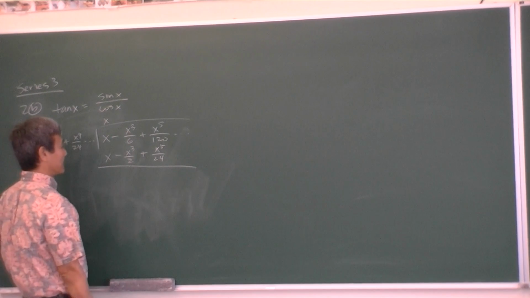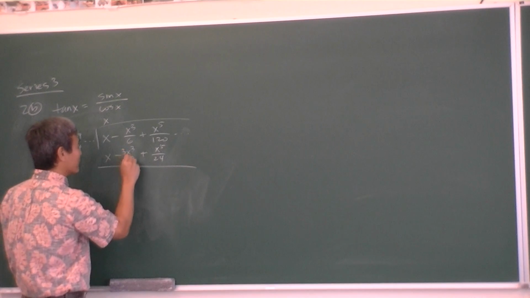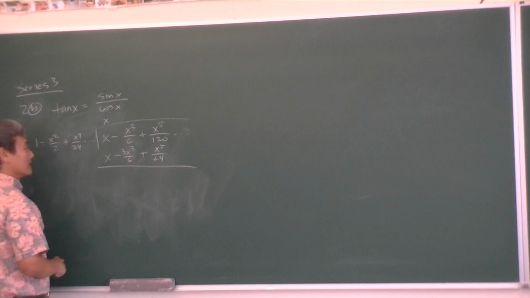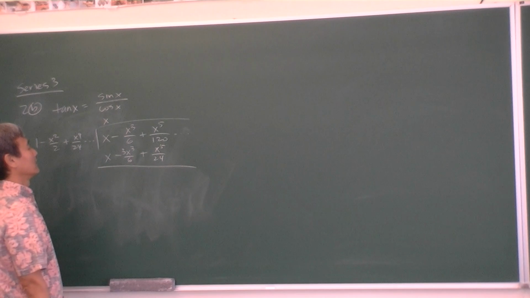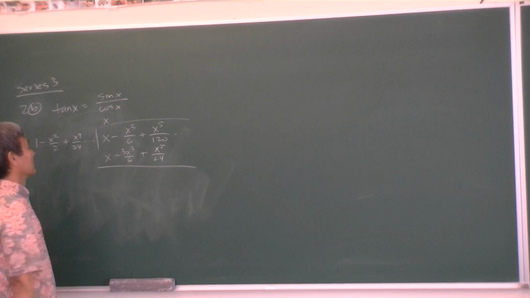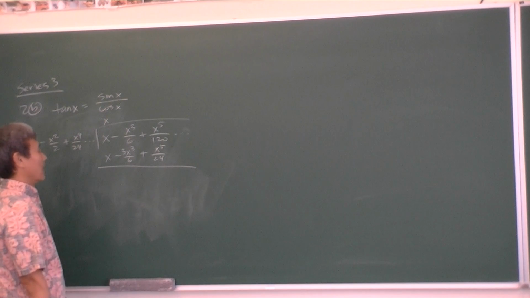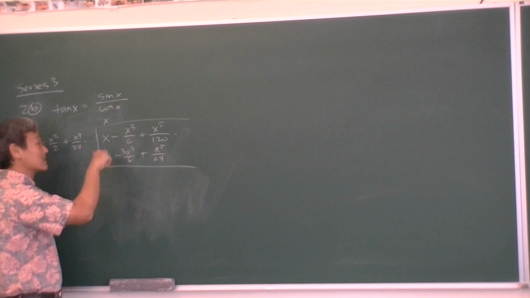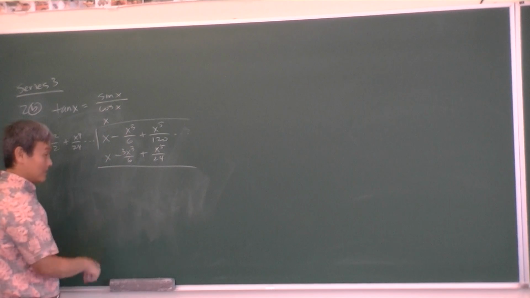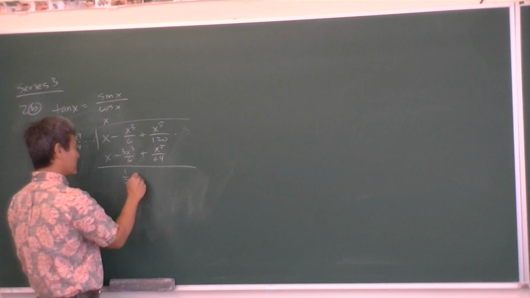Subtract. I'll give you a hint. This is 3 over 6. Here, I'll do it. I'll even write it for your viewing pleasure. So subtract. And negative 1/6 minus negative 3/6 is positive 2/6, which is 1/3 x cubed.